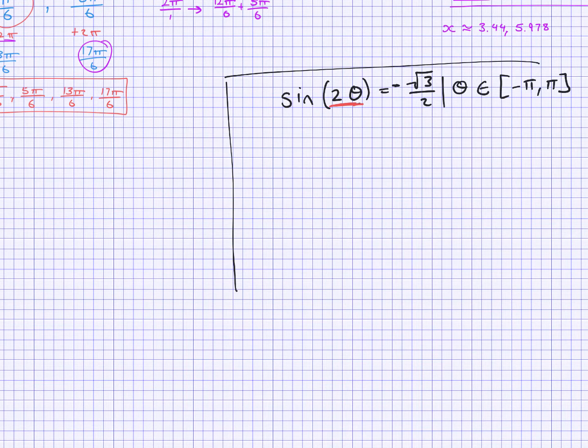So a quick sketch here of sine 2 theta is going to be 2 pi would have been there, pi would have been there. The domain says I start from negative pi, so that's out here. If I'd drawn this nicely, it would have been like this.